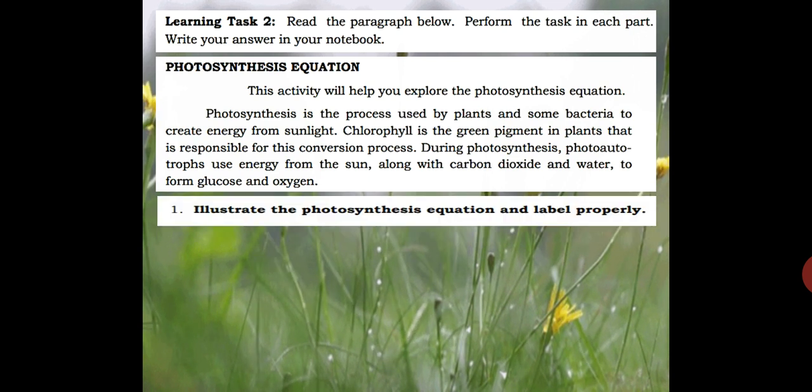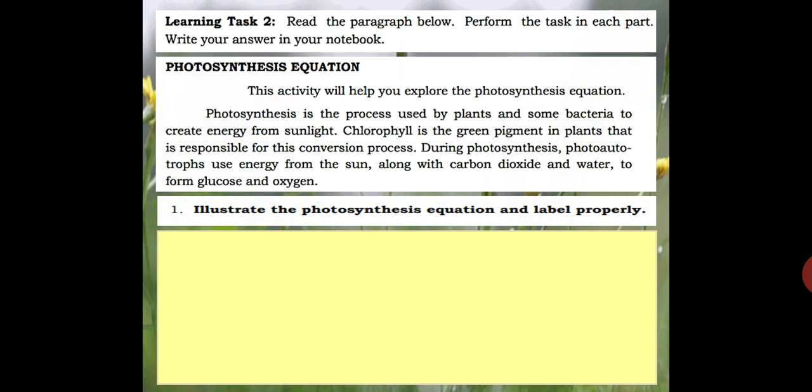Then, you're going to illustrate the photosynthesis equation and label it properly. You will put the equation of photosynthesis in the space below.